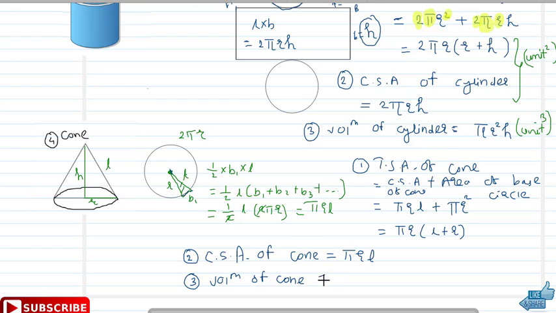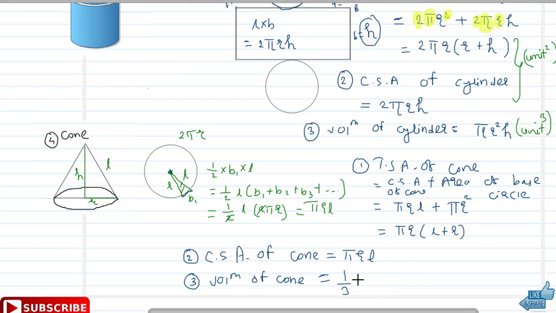Now remember this thing, the volume of cone. This cone is part of a cylinder, if you observe carefully, because we can simply put this cone inside the cylinder and it occupies 1/3 part of the cylinder. So the volume of cone is 1/3 of the cylinder, that is 1/3 pi r square h.